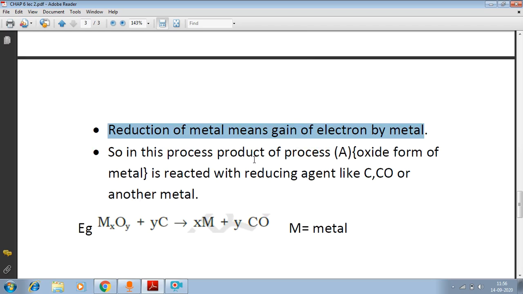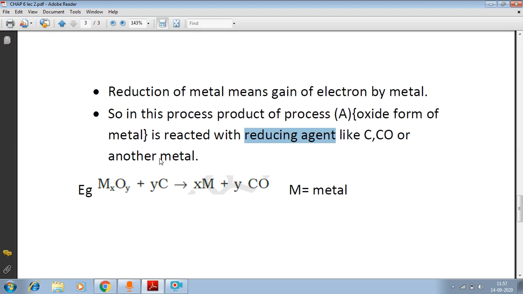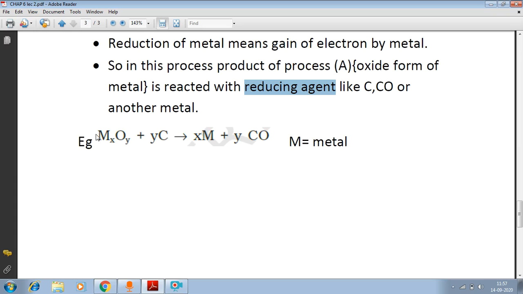In this process, the product of the previous process, the oxide form of the metal, is reacted with a reducing agent like carbon monoxide, or another metal. You can see the reaction here.